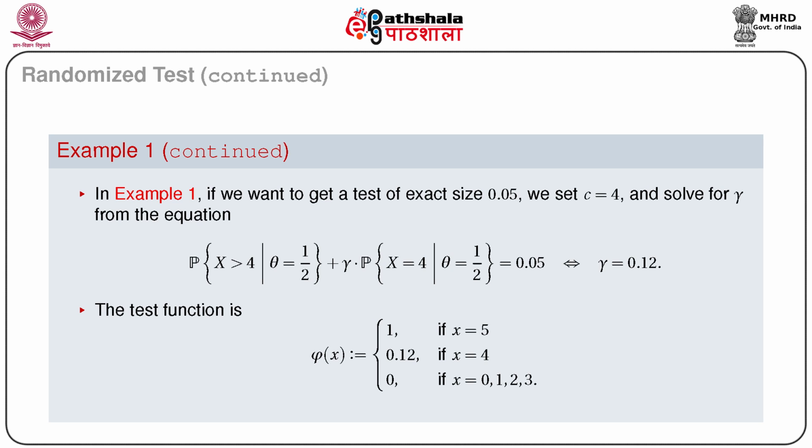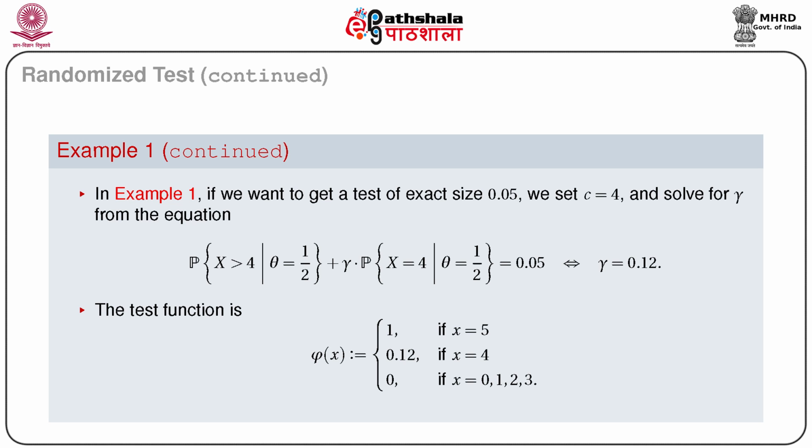Now, in the above example, if we want to get an exact size 0.05 test, then we set C equals 4. To determine gamma, we use the size condition.